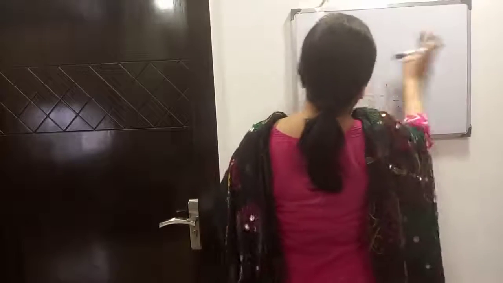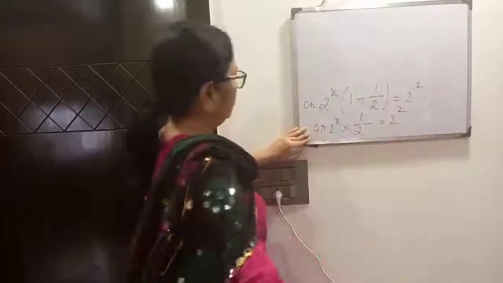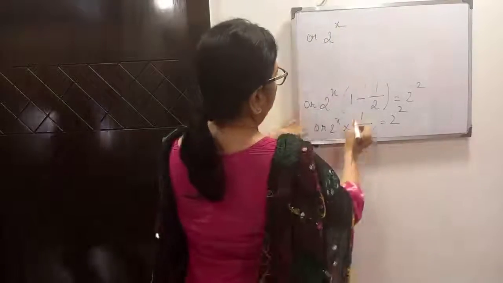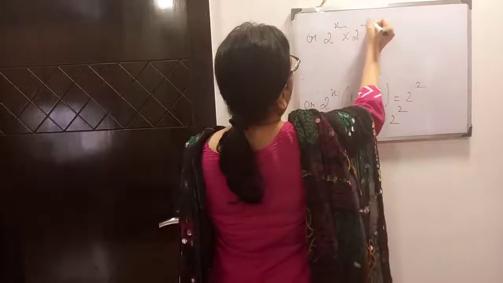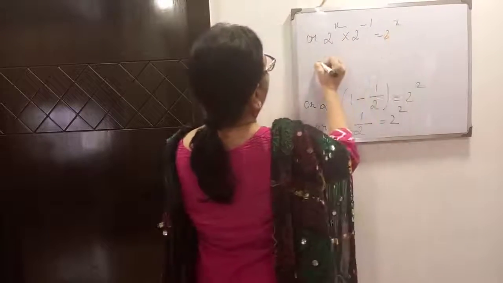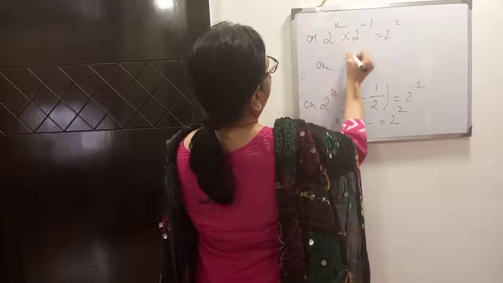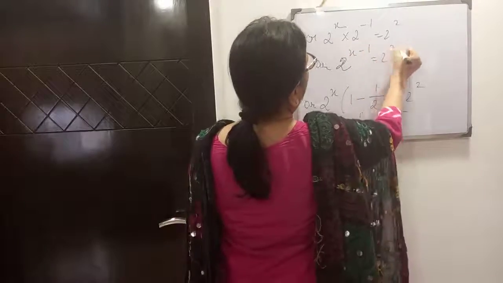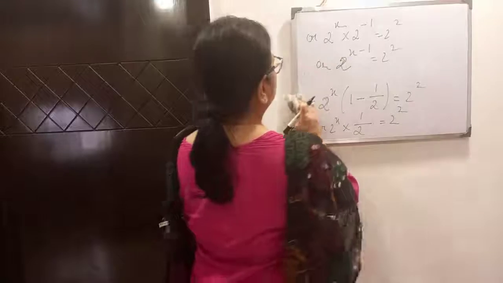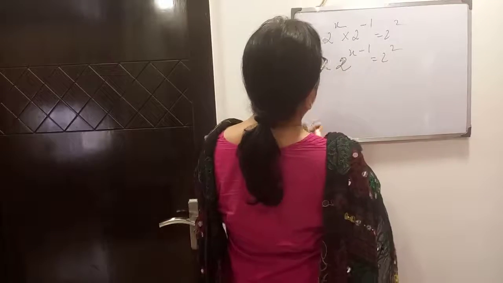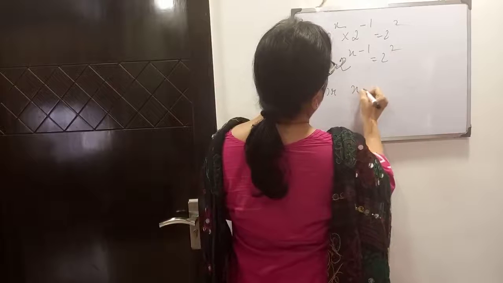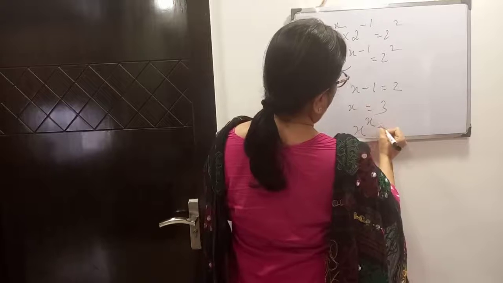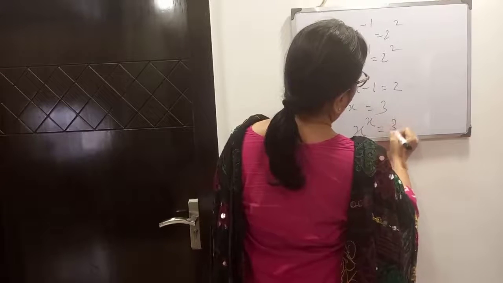Then again it will go in the numerator, it is becoming minus 1, equals 2 square. On multiplication, the base is the same, therefore we can write 2 to the power x minus 1 equals 2 square. Clear? Then x minus 1 equals 2, x equals 3. So finally you have to find out the value of x to the power x.